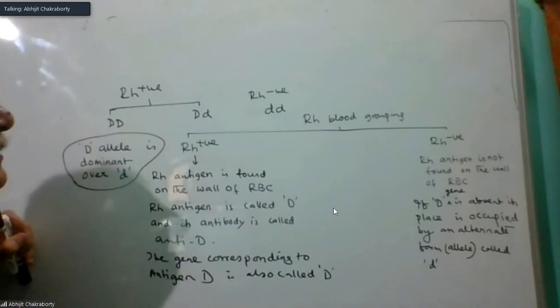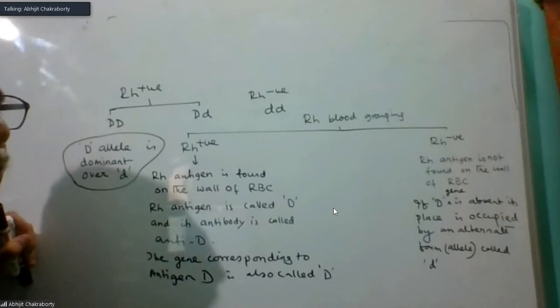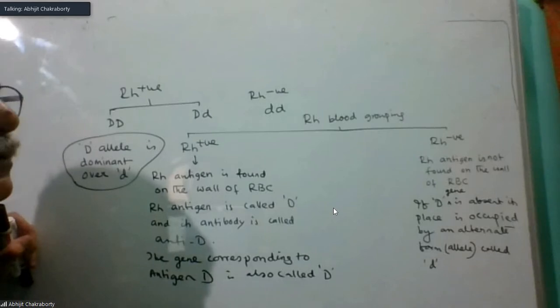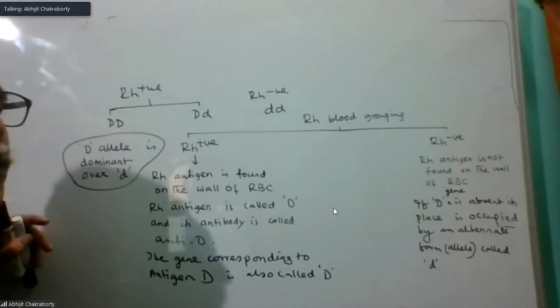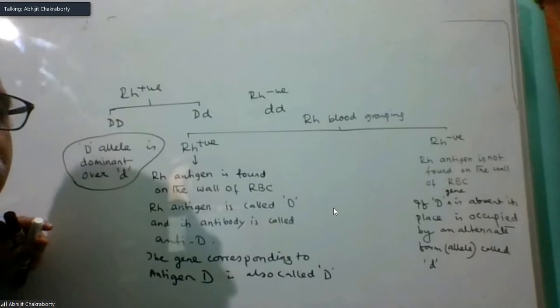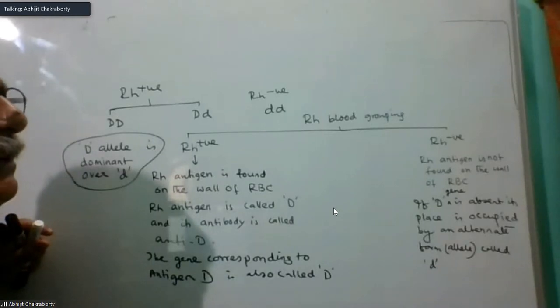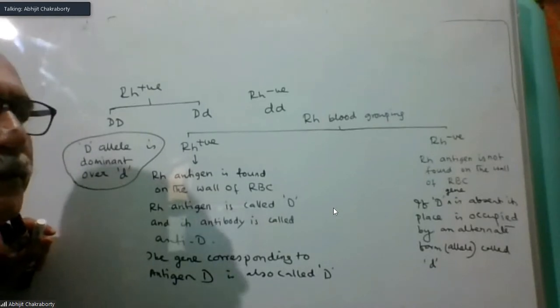So here you see one thing, Rh positive or Rh negative, whatever it may be, it is controlled by a specific allelic form, its inheritance. The allele is called D. D may be found in two alternate forms, capital D and small d. Capital D is dominant over small d.